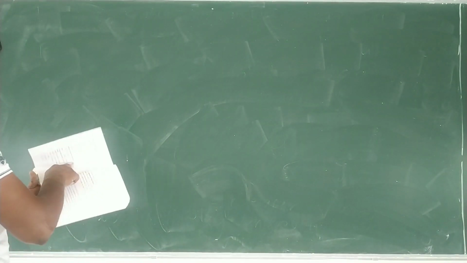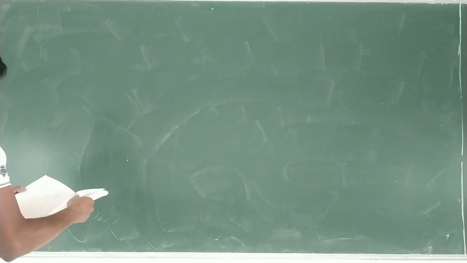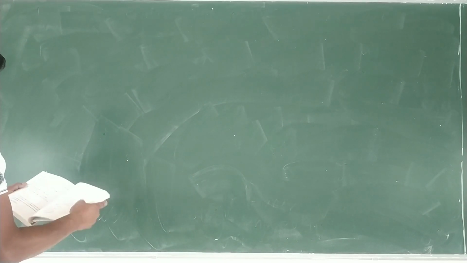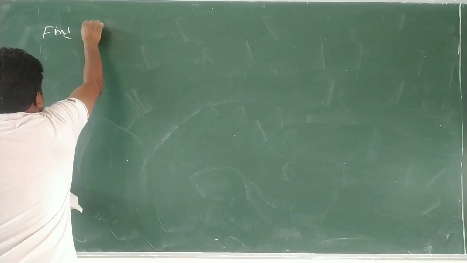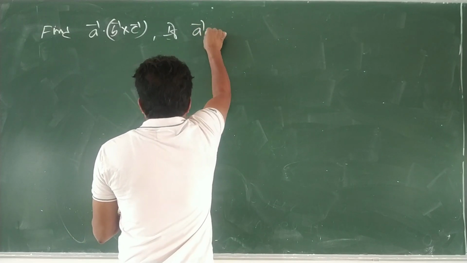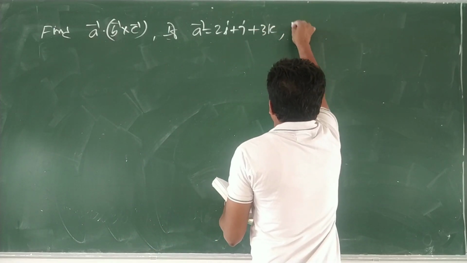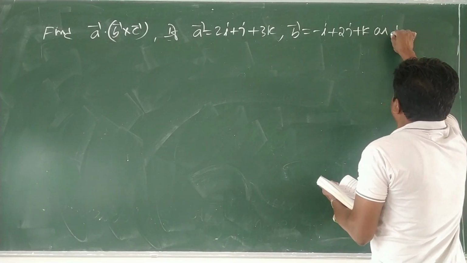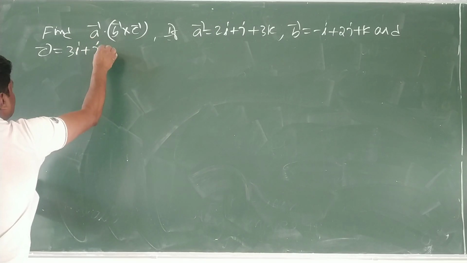Find A dot B cross C if vector A equals 2i plus j plus 3k, vector B equals minus i plus 2j plus k, and vector C equals 3i plus j plus 2k.